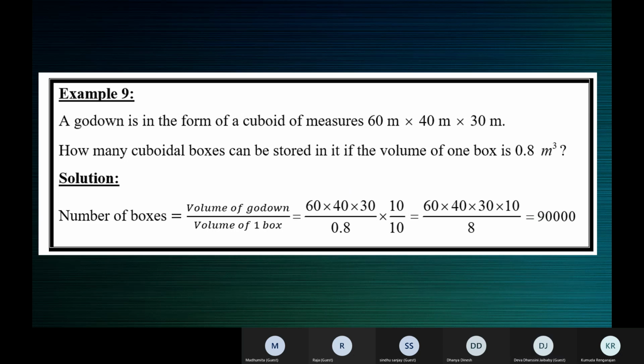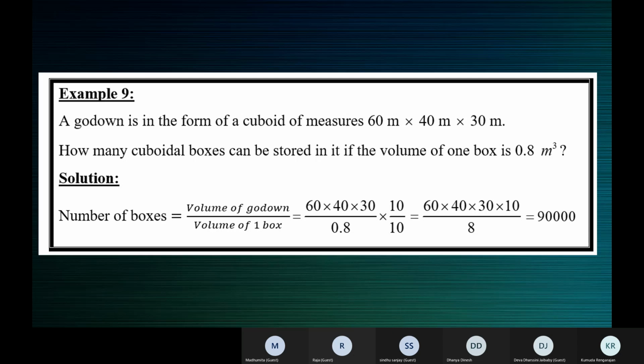Okay, so the number of boxes is the volume of the godown, the volume of that room, divided by the volume of one box. All of you? Almost, ma'am. One minute, please.